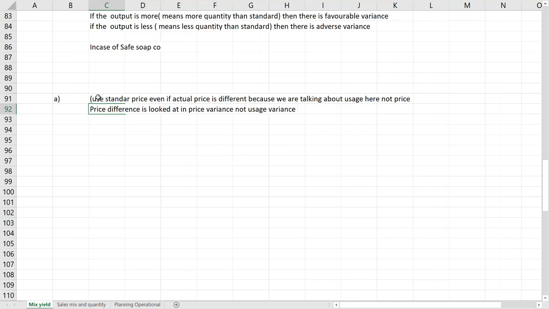Okay? What about if actual price is given? Let me complete the sentence, then you can also. So, not usage variance. If we consider it here as well, it will be double counting.